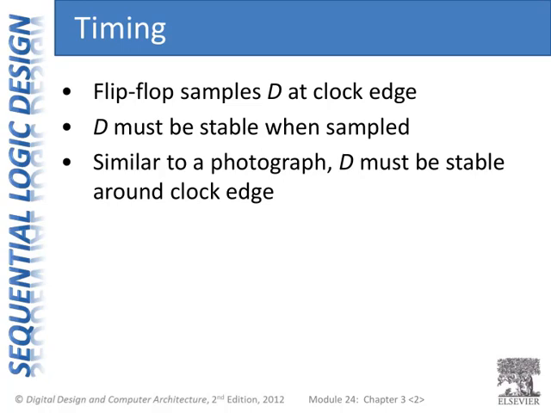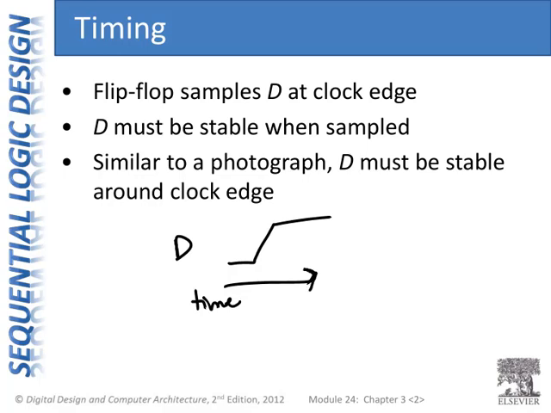So we've talked about D flip-flops, and they sample D at the rising clock edge. That means that D has to be stable when it's sampled. For example, here's D. Again, this is a timing waveform with time on the x-axis.